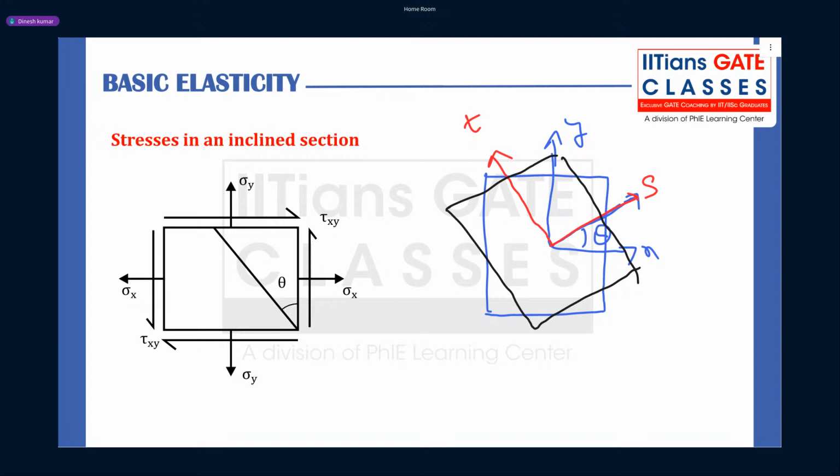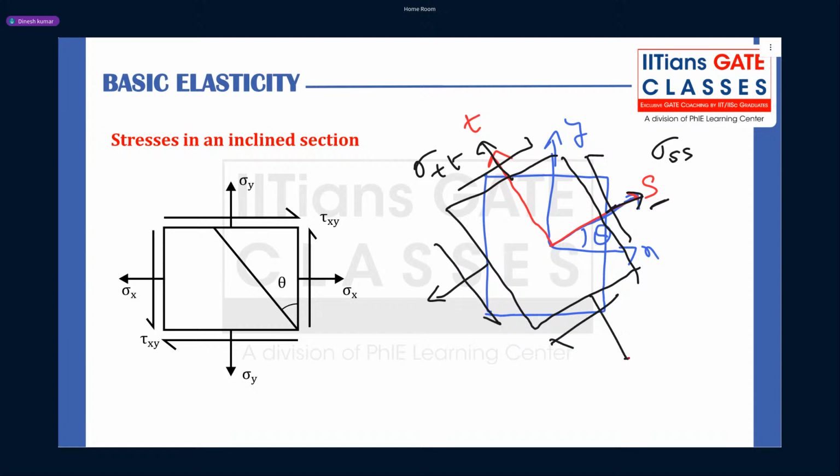On that plane, in the S direction you will have sigma SS, and in this direction sigma TT, and then the corresponding shear stresses. Everybody understanding or not? Clear?